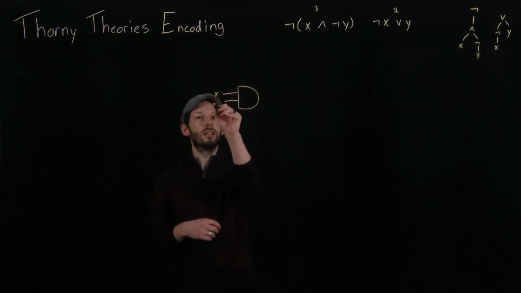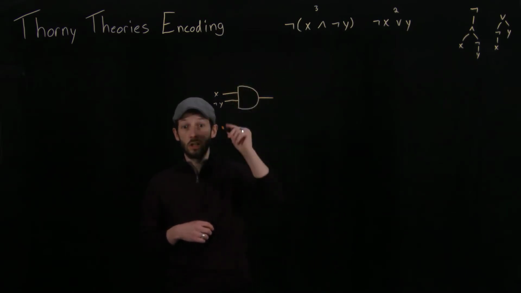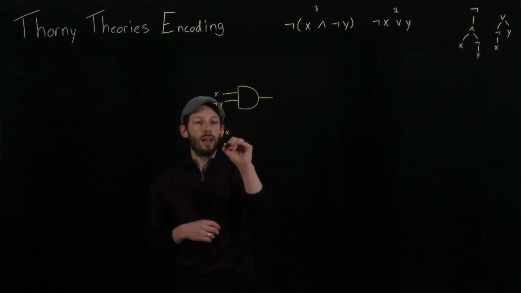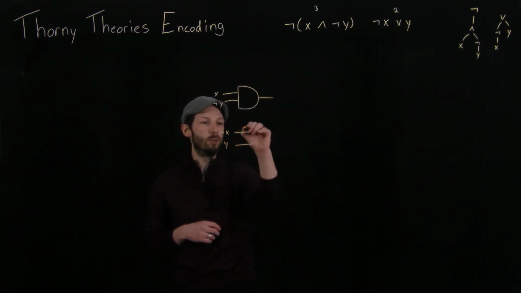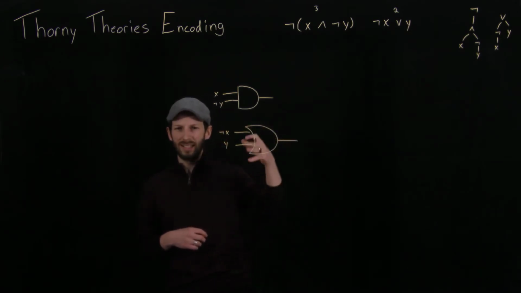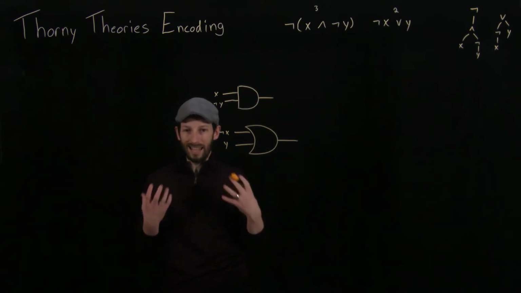Maybe this is an X and this is a not Y, and it has a single output that describes the conjunction between these two. Disjunction over here where you have a not X and you have a Y, and the symbol you might recognize is this one here, right? And so this is the disjunction between 2 different inputs. This is what I mean by gates and circuits.